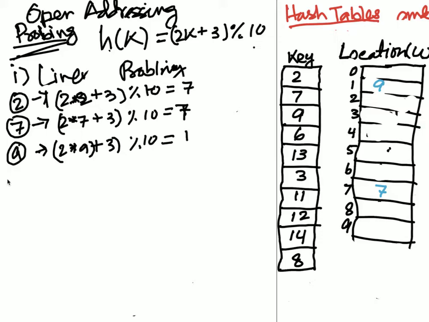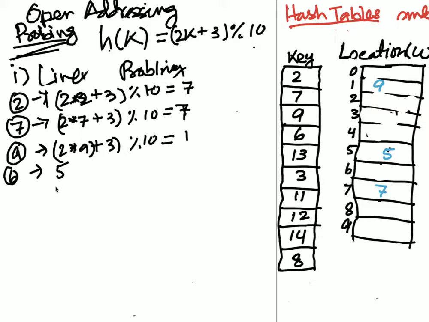And then for 6: 2 times 6 equals 12, plus 3 is 15, modulus 10 equals 5. So 6 will go at position 5.